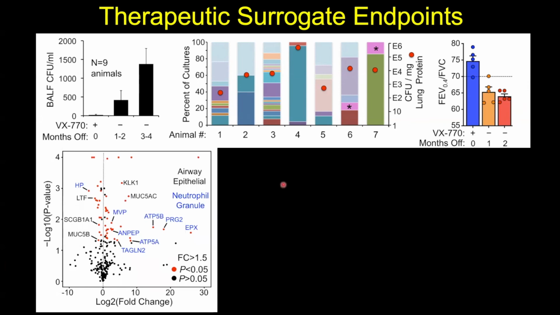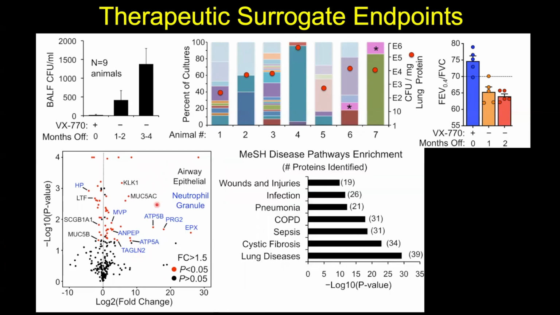Proteomics approaches in the lung have been very robust for us and have allowed us to evaluate, for example, in this particular case, a ratiometric proteomics of lung in animals prior to and following removal of VX770. And we can see that neutrophil granule proteins are increased within these lungs, as well as MUC5AC.